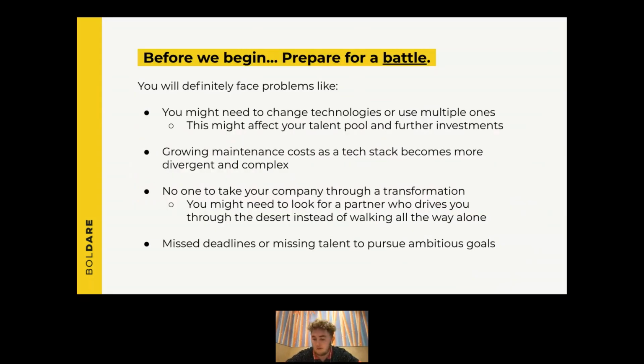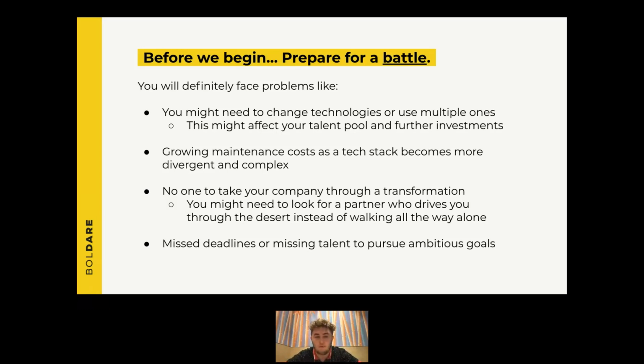And without further ado, let's prepare you for a battle. And the battle is quite complex. There will be challenges and problems that you will face. For instance, with technologies, you will probably need to adopt new technologies. Sometimes you will find a new breakthrough in terms of the code, the solutions, the third-party apps.